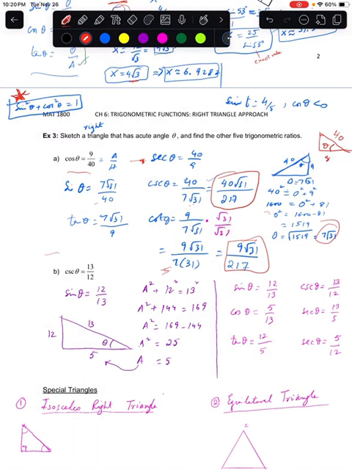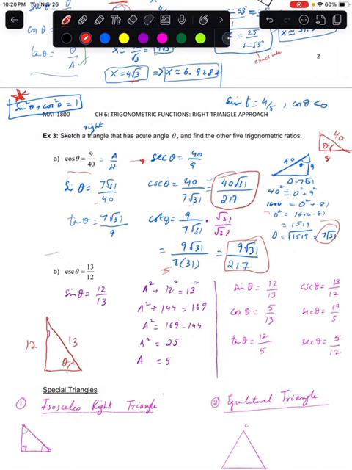So we get sine theta is equal to 12 over 13. Now the triangle I made actually doesn't fit with the values, but it doesn't matter much, although I think it should be more like this, and theta is here, then 12 is here, and 13 is here.